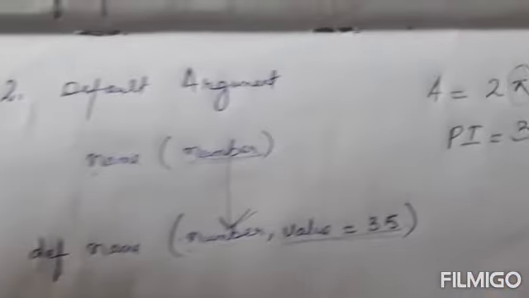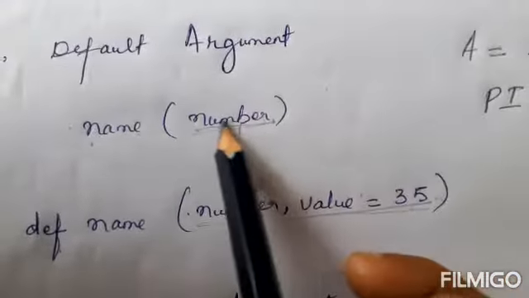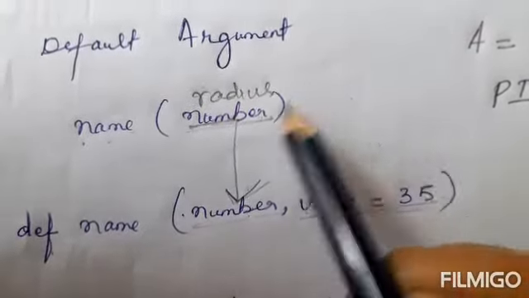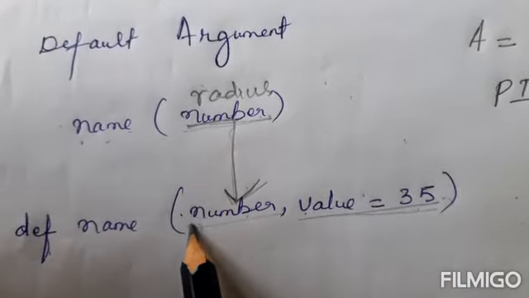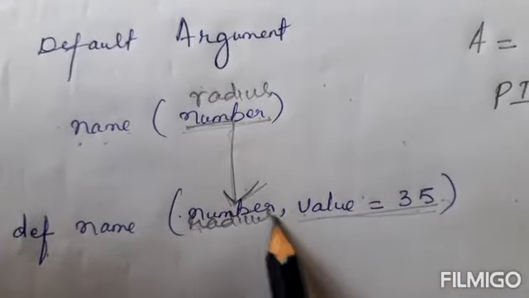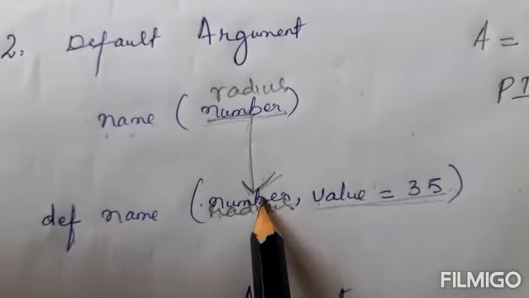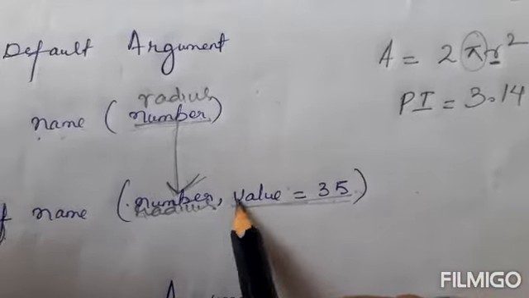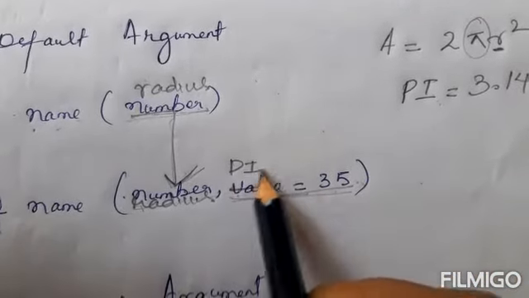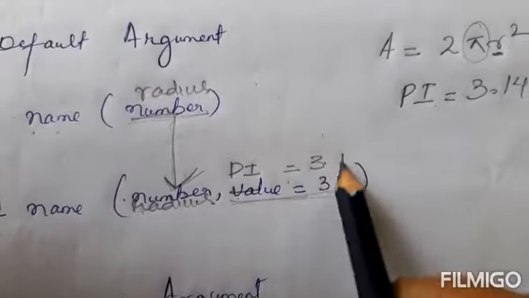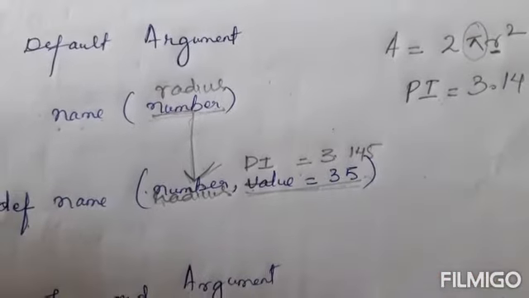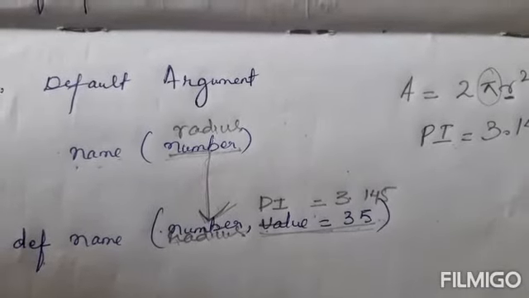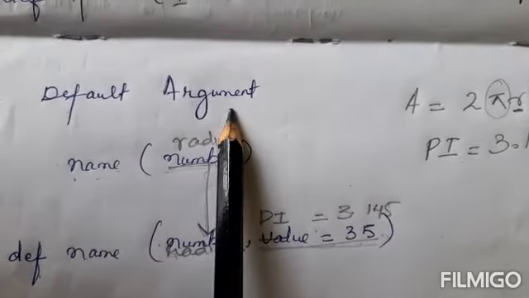So instead of this number, I'll pass the radius value, and in the function definition we accept the radius value. You can give the same name or a different name. Instead of this value, I will be using pi. This is the best example when you already know the value will remain fixed throughout, so you can implement the default argument concept.